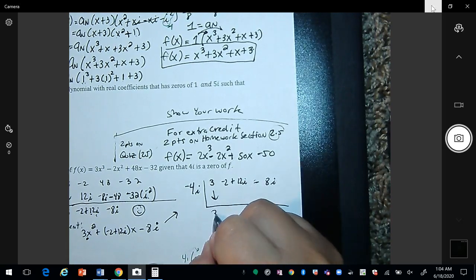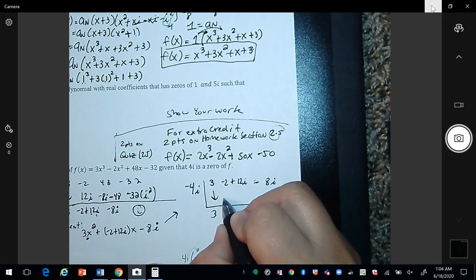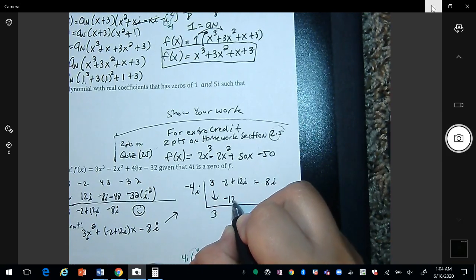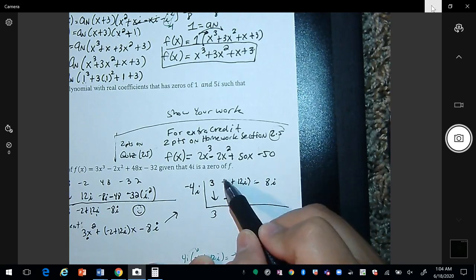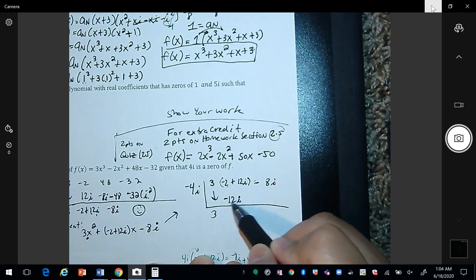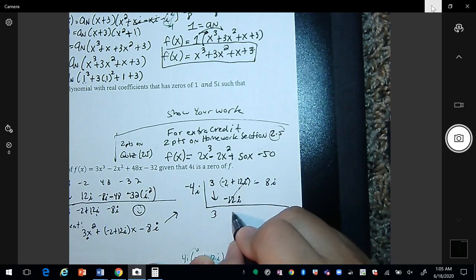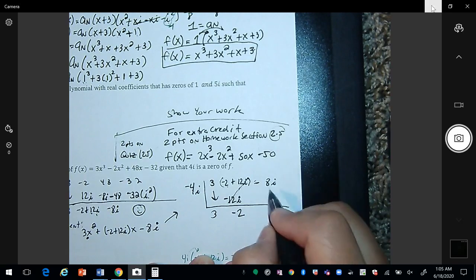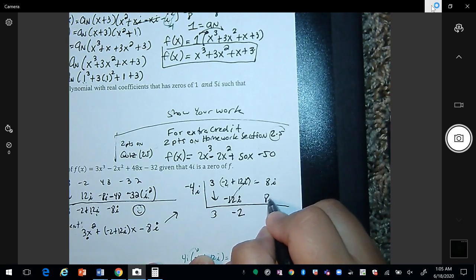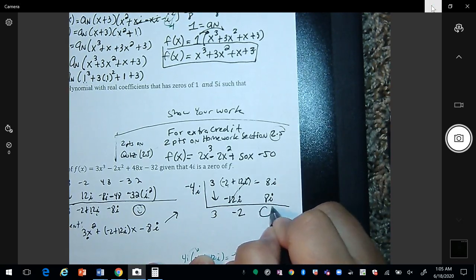Bring down the 3, times -4i is -12i. So if I add -2 plus 12i plus -12i, the 12i's cancel, giving me a -2. -4i times -2 is positive 8i, so that gives me a 0.